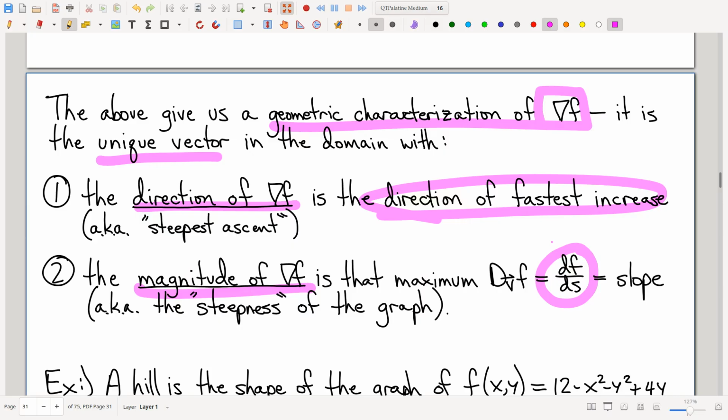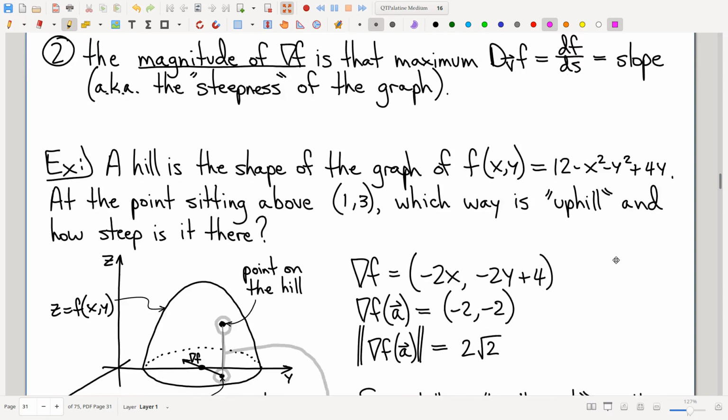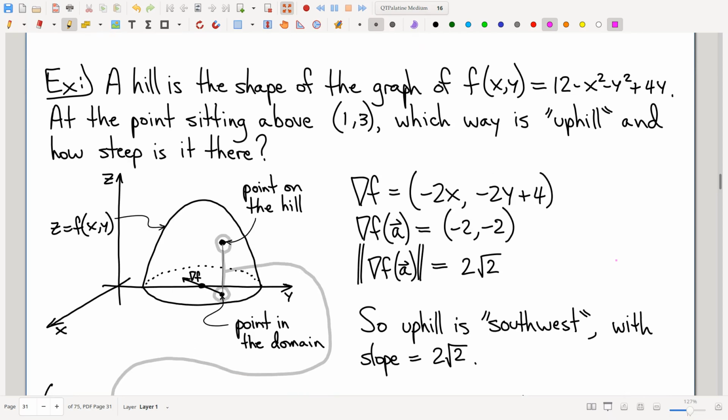Okay. All right. Let's see how to use this. It's such a powerful result. The way we are going to use it is going to be very plug and chug. We're going to ask the questions that we just answered, and the answer is going to be, compute the gradient, pretty much. So here we go. We have a hill. The hill is in the shape of the graph. Keep in mind a graph is that very specific construction, z equals f.